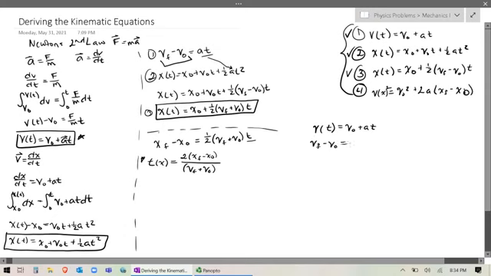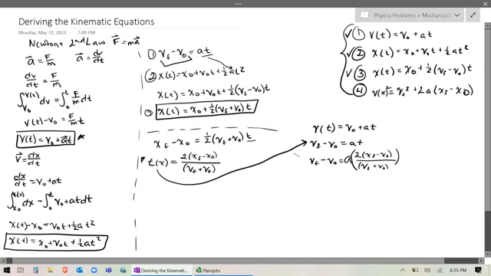We're going to plug in our t as a function of position into this equation here, giving us v final minus v initial is equal to acceleration times 2 (x final minus x initial) divided by (velocity final plus velocity initial).